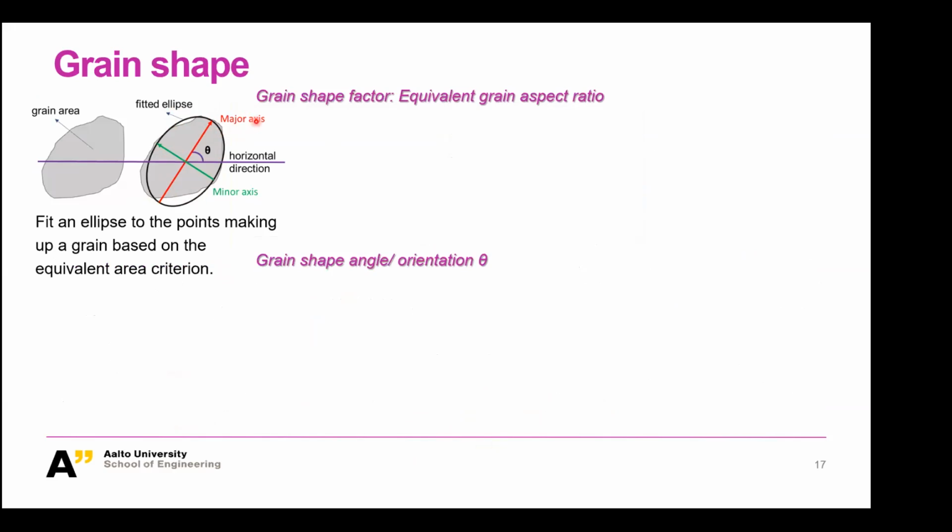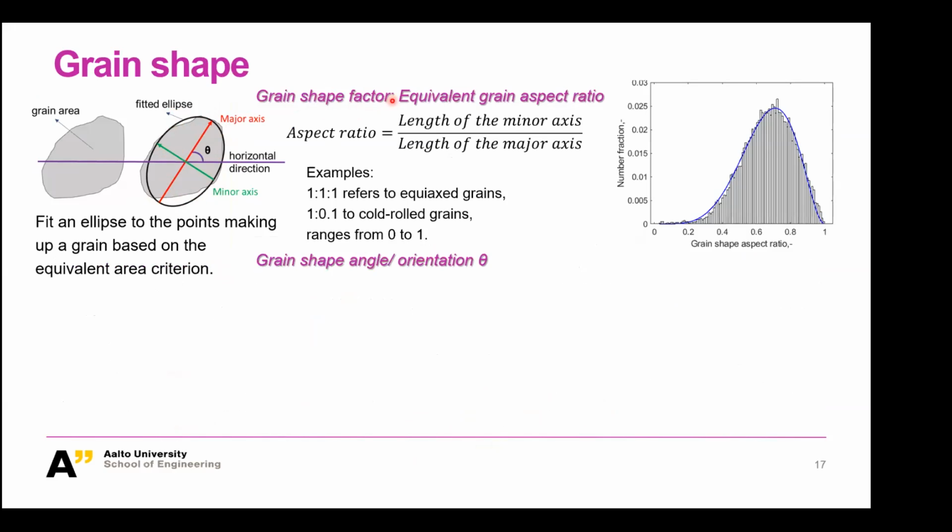Then we will have two kinds of parameters to describe this grain shape. The first one is the grain shape factor. It is defined as the equivalent grain aspect ratio. So it is calculated by the length of your minor axis divided by the length of your major axis. Actually, you can also define it inversely, using the major axis divided by the minor axis.